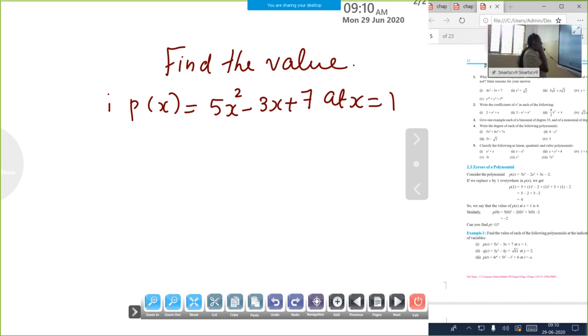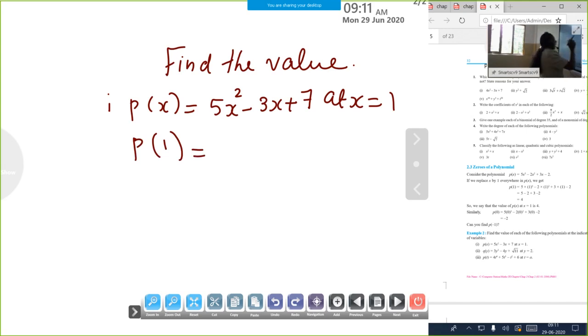We need to find the value of that polynomial at x equal to 1. In place of x, we need to substitute the value 1. That means p of 1 equals.